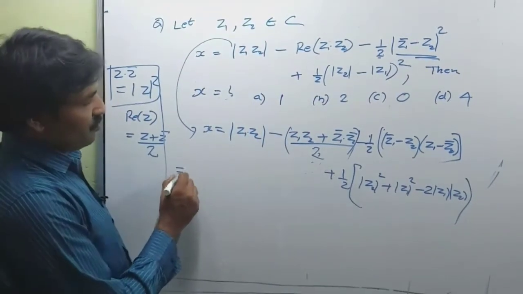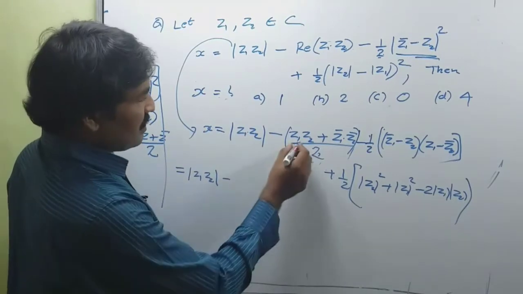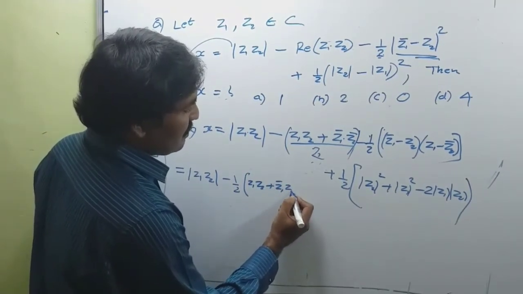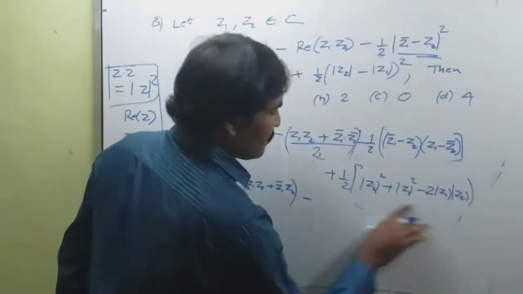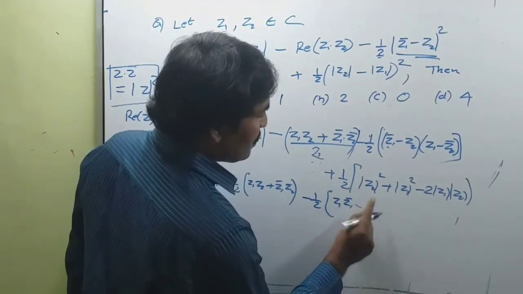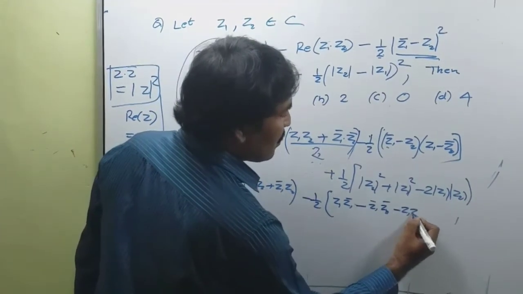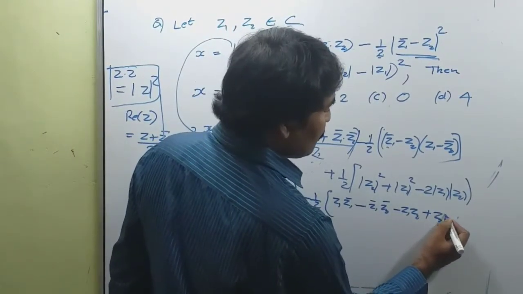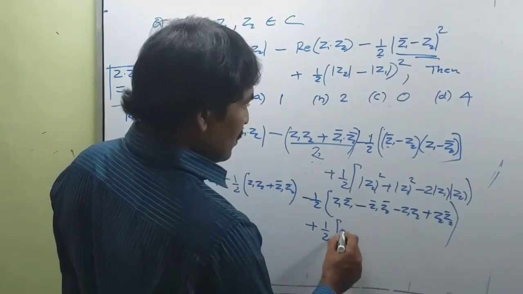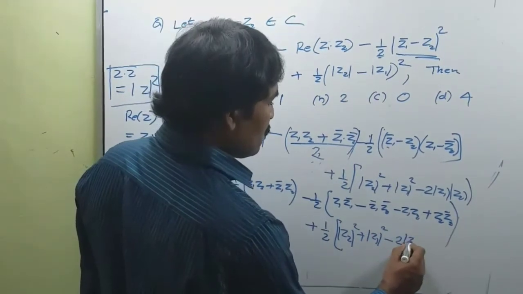So this is equal to mod Z1 Z2 minus half (Z1 Z2 plus Z1 conjugate Z2 conjugate) minus half into, multiplying this term, Z1 Z1 conjugate minus Z1 Z2 conjugate minus Z1 conjugate Z2 plus Z2 Z2 conjugate, plus 1 by 2 (Z2 square plus Z1 square minus 2 Z1 Z2).